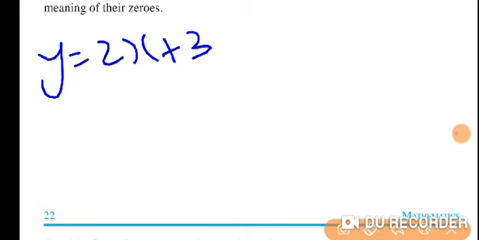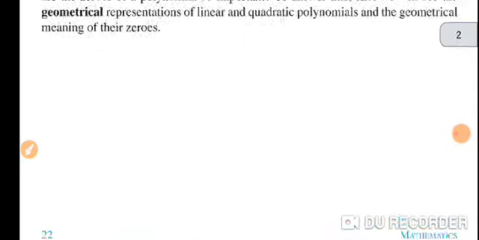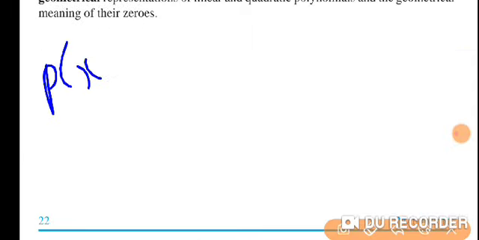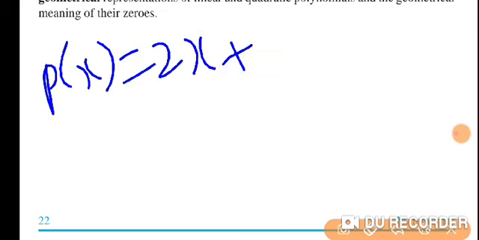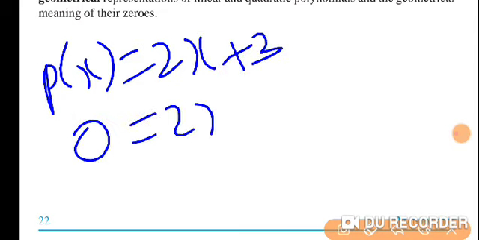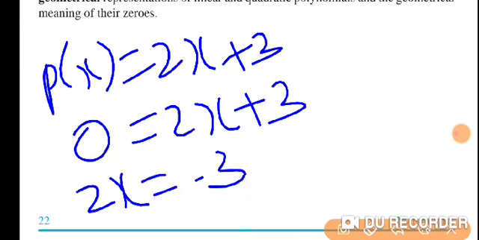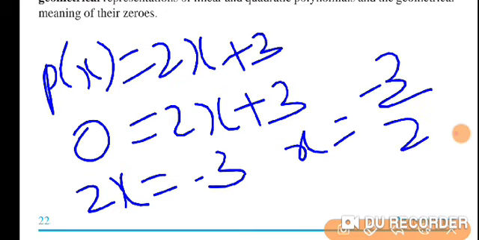Instead of y, we may write the polynomial like this. I'll just rewrite it again. p of x is equal to 2x plus 3. If I want the polynomial's value 0, then I'll put 0 is equal to 2x plus 3. So 2x will be equal to minus 3, so the x value will be equal to minus 3 upon 2.